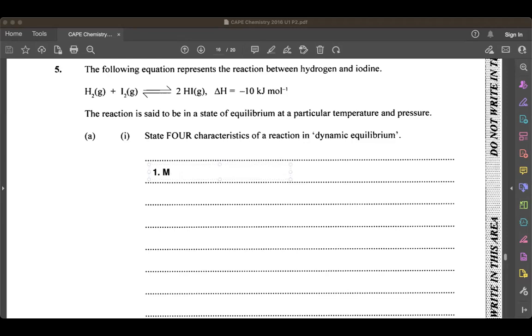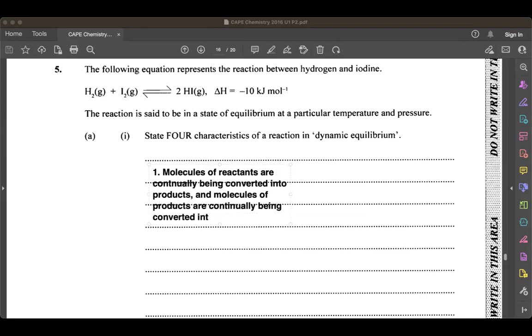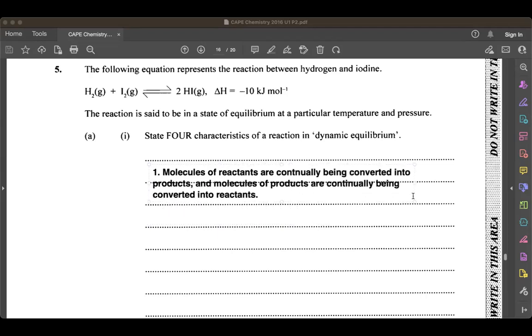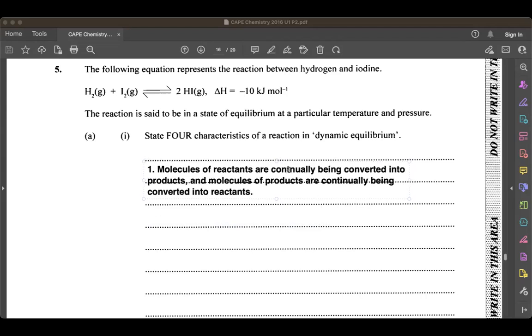Molecules of reactants. Okay, so this is our first statement of a reaction that's in dynamic equilibrium, that the molecules of reactants are continually being converted into products, and the molecules of products are continually being converted into reactants, right?